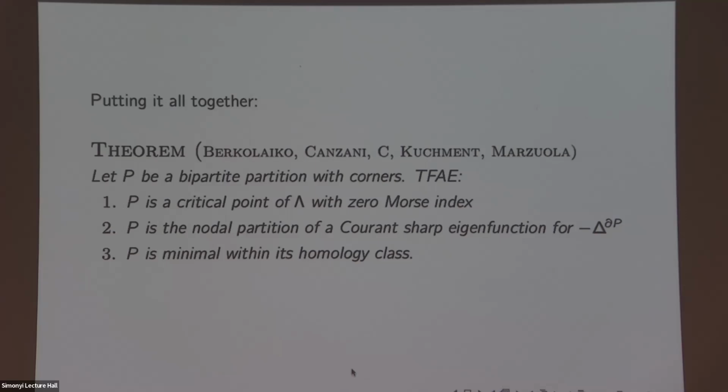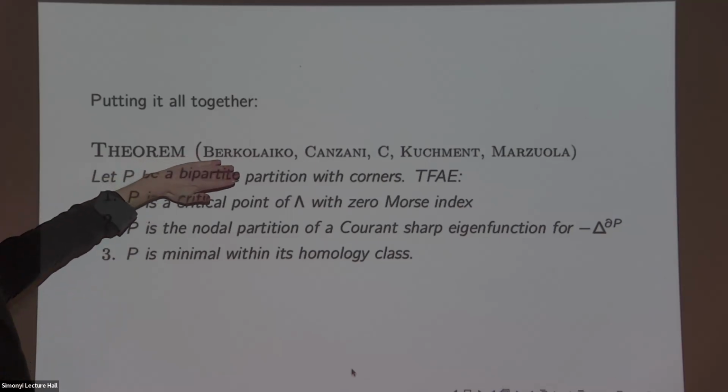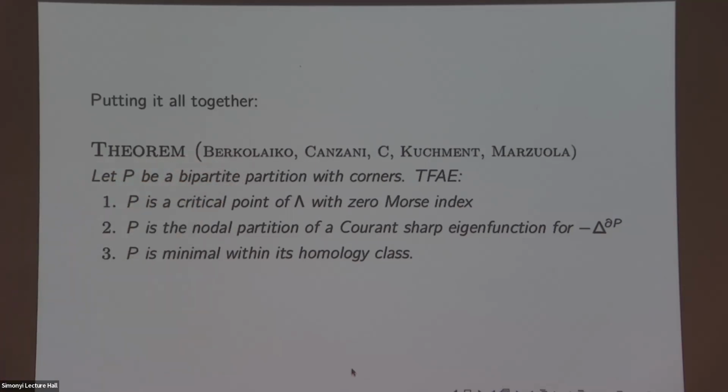And so the general result we get in the non-bipartite case, and sorry, this is a copy and paste error. This bipartite should not be there. So this is just any partition with corners. It's going to be a critical point of the energy functional with zero Morse index, so for instance a local minimum, if and only if it's the nodal partition of a Courant-Sharp eigenfunction for one of these cut Laplacians, if and only if it's minimal within its homology class.